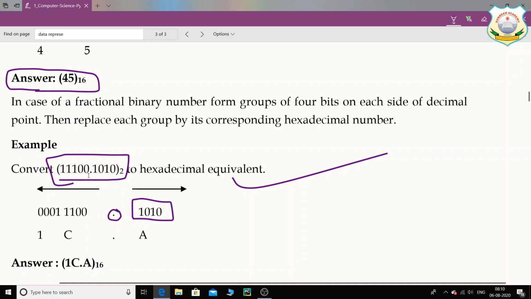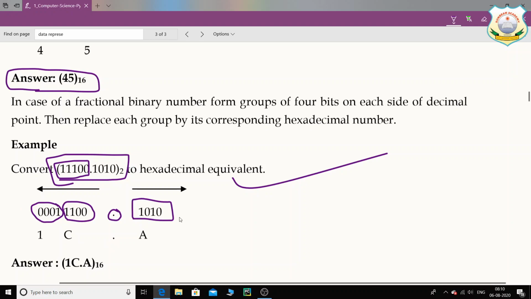And then we are going to apply the same method for this particular part, that is the right hand side. You can see what they have done: they have made the group of 4. So 0 0 1 1 from the right hand side is the first group, and then what is left is only 1. So they have prefixed it with 3 zeros.